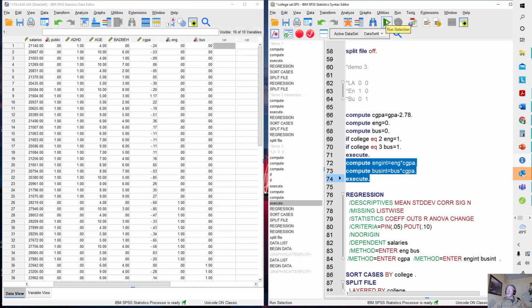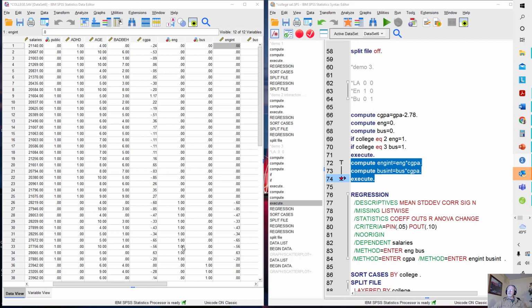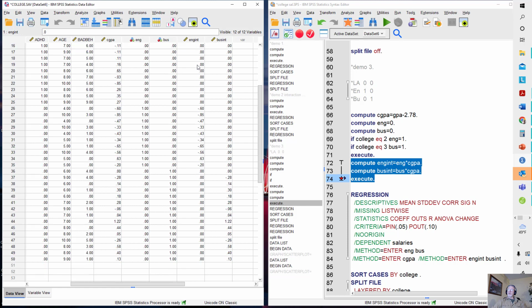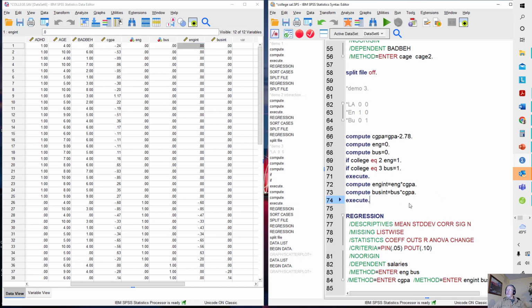So interactions is multiplying the dummy code by the continuous variable. Every place that we have dummy codes of 0, it ends up being a 0 in the interaction term. And any place that it's a 1, we end up copying over the centered GPA. It seems weird, but it works.